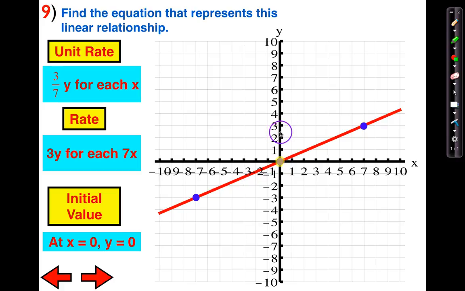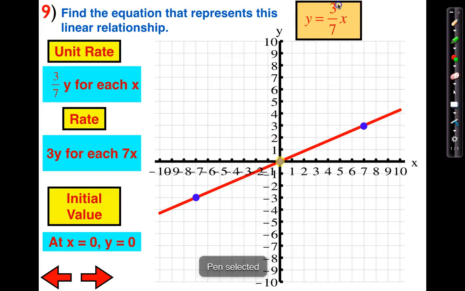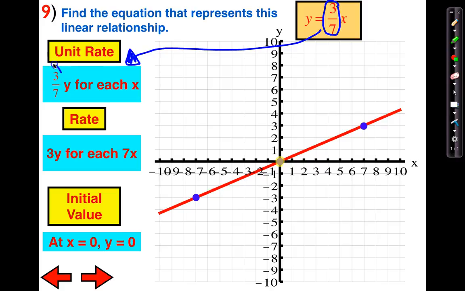So since it is a proportional relationship, it's going to follow the form y equals kx. In this case, my equation is y equals 3/7 x. Again, this 3/7 is your numerical value for your unit rate. Technically you could put plus 0, but that's not necessary, and that's why it's not there.